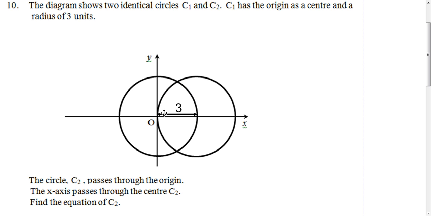And if the radius of the new circle is also 3, then the centre point is 3, 0. So that's your first step, if you like: working out your radius is 3 of the new circle, and the centre point is 3, 0. 3 along and 0 up.